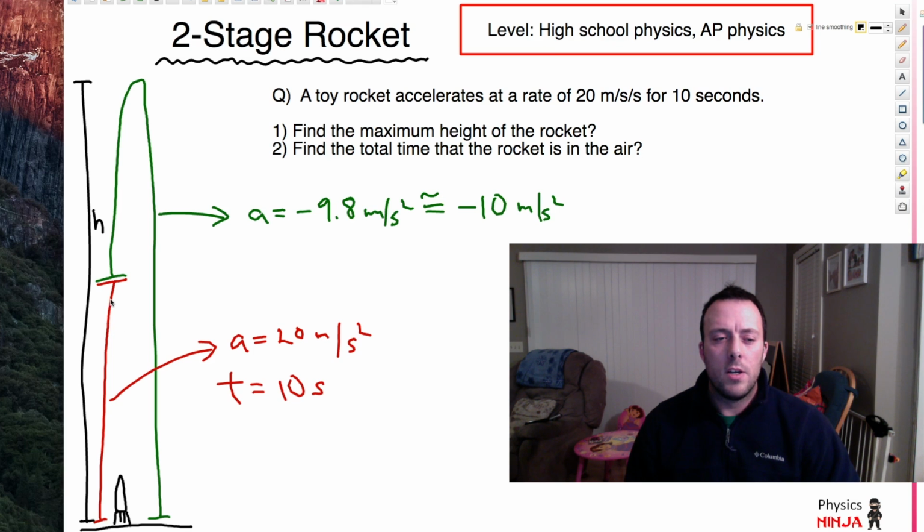So you can't just use one equation to describe the whole motion. All the equations you've seen in kinematics in your physics class only apply for constant acceleration. But that means we can apply those equations for the first part, and then we can also apply those equations for constant acceleration for this whole green trajectory here, for the part where the acceleration is minus 10 meters per second squared. So let's just review those 1D kinematic equations.